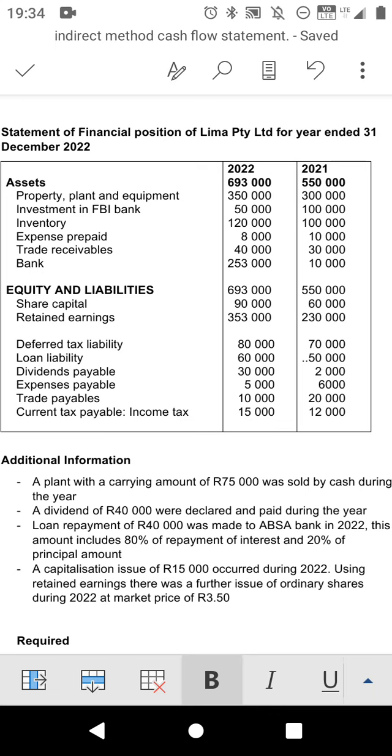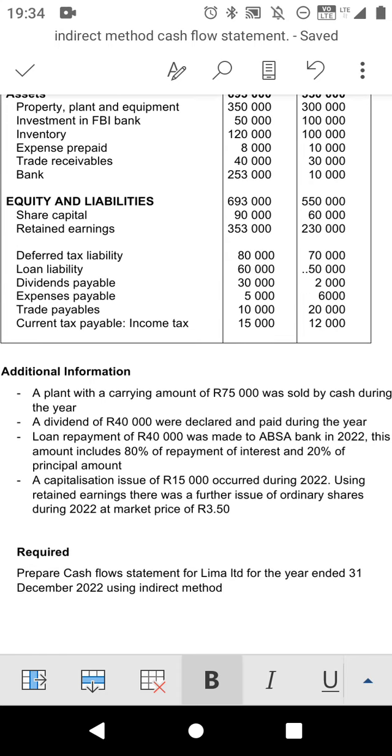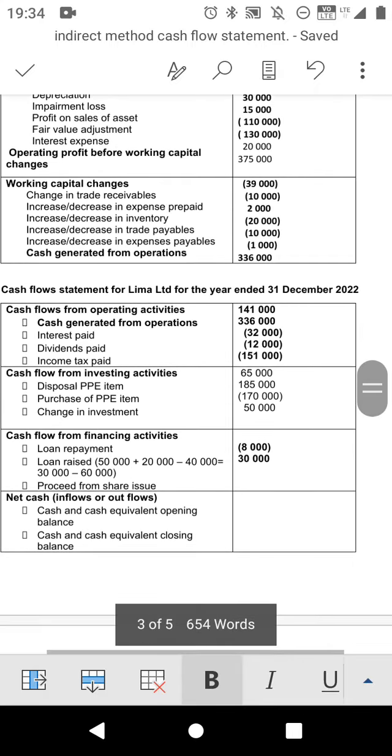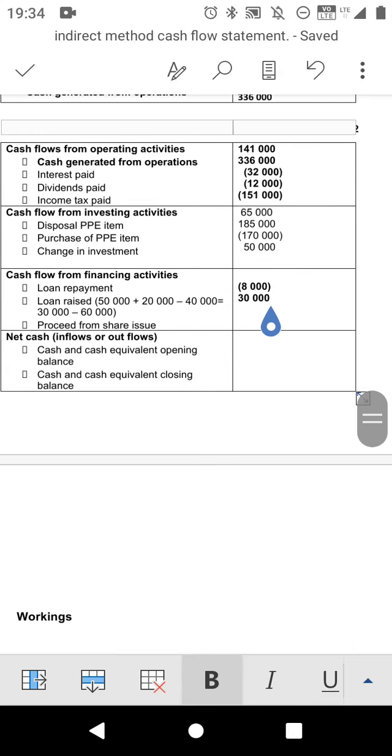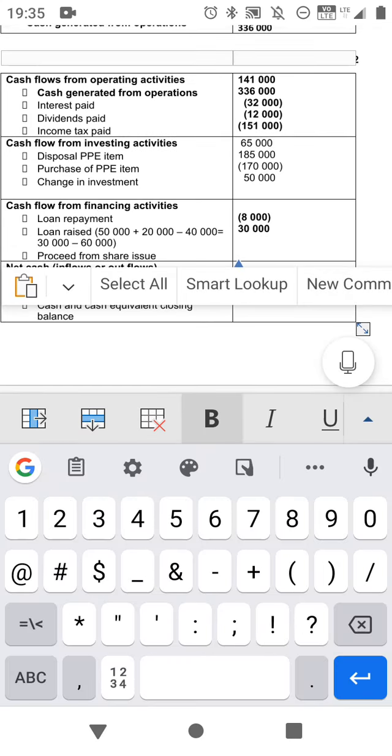Then it went from 75,000 to 90,000. This simply means that the company issued other shares and increased what? Shareholders. Simple as that. Which means that we sold a share, we received money, then the difference you will get 15,000. 90,000 minus 75,000, you will get 15,000, which is positive, of course, because we issued shares and we received money.